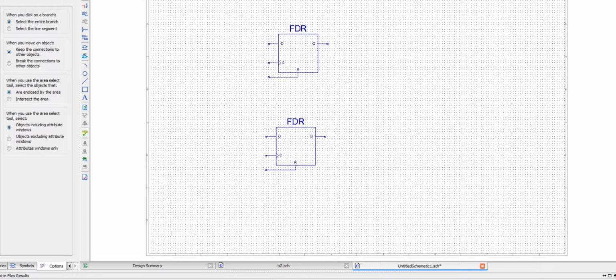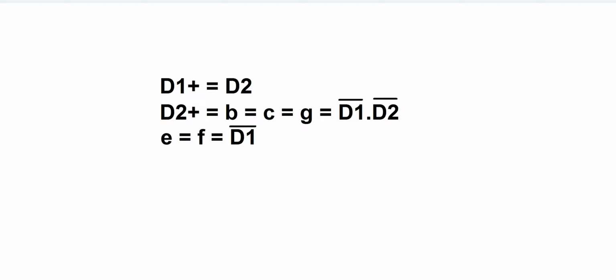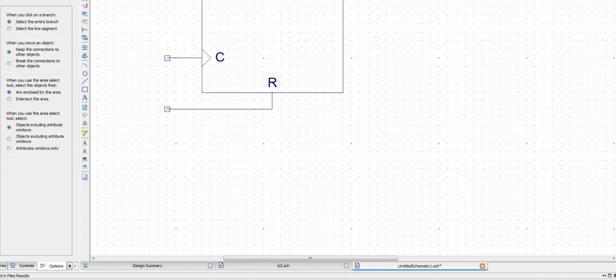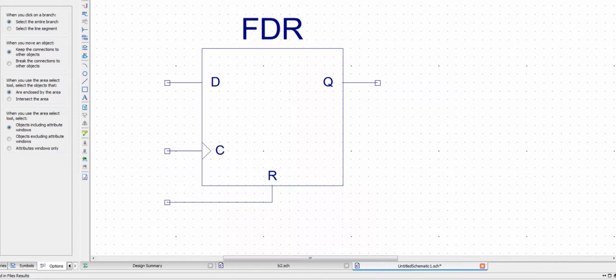So now let's move on to the first logic equation. The first one is D1 plus equals D2. So what are actually D1 plus and D2? You see here, this flip-flop has D, C, Q and R. If I zoom in on this flip-flop, you see it has Q, R, C and D. This R, as I explained, is for reset.